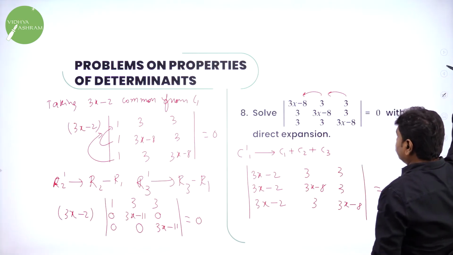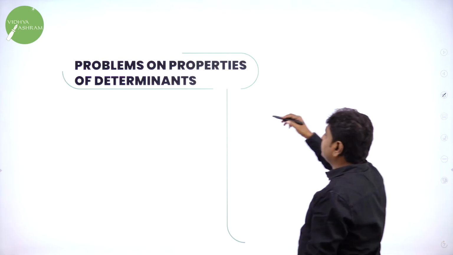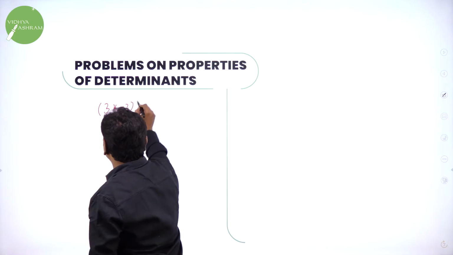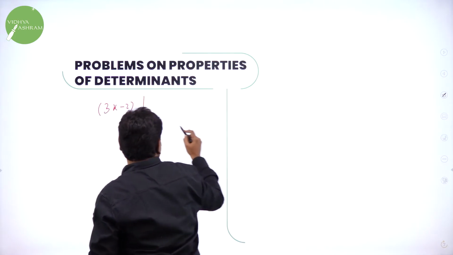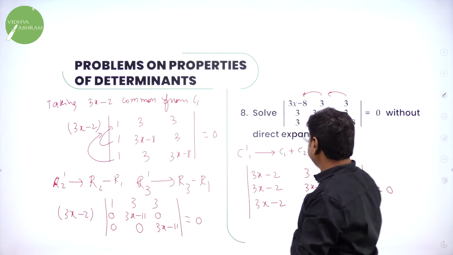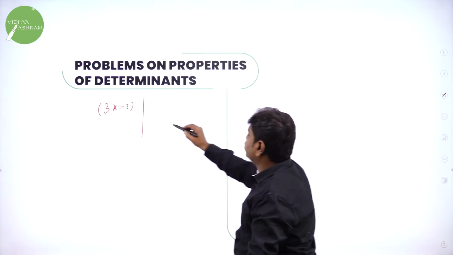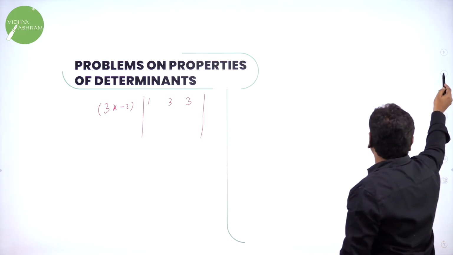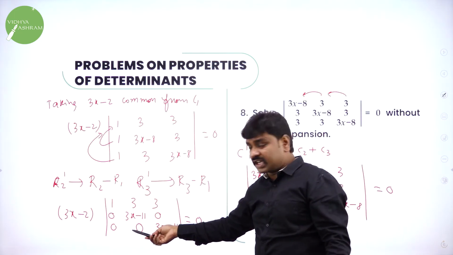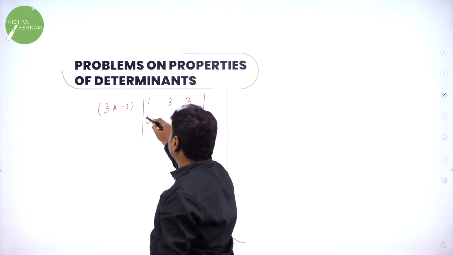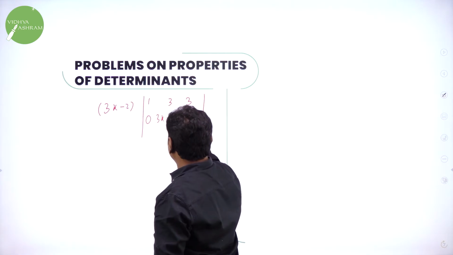Further, we have 3x minus 2 into the first row. After doing the operation, we have first row 1, 3, 3. Second row 0, 3x minus 11, 0.